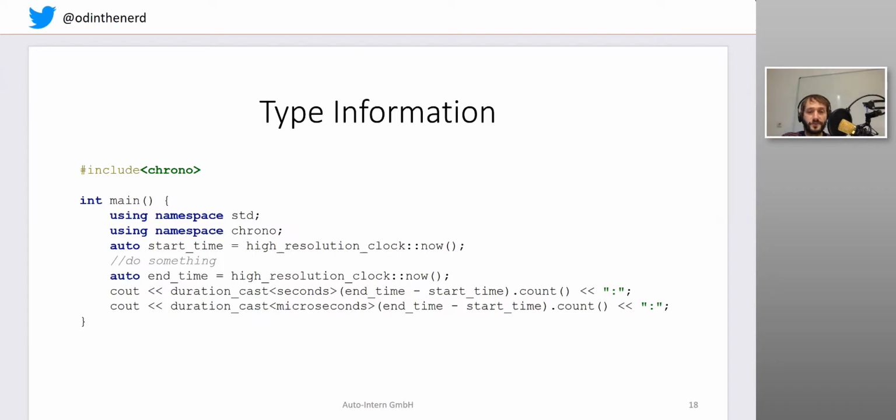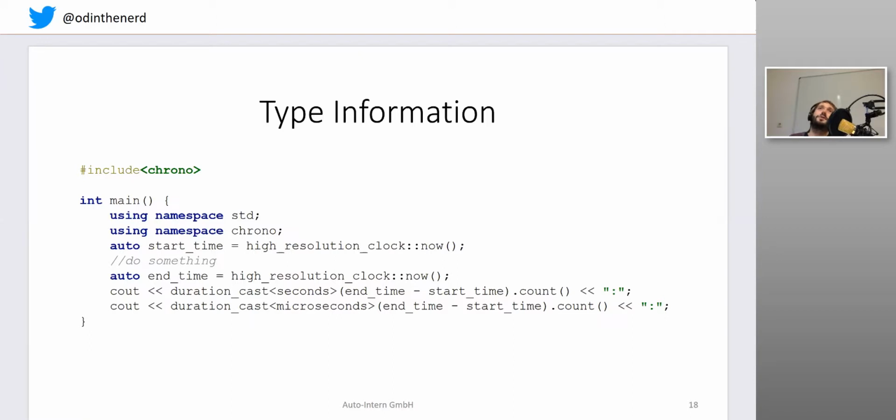The idea with Chrono is I have time durations, as in something took 5 minutes, and I have time points, as in my birthday is a time point, right? And if I say my birthday this year minus my birthday last year, that's going to be a duration of 1 year.